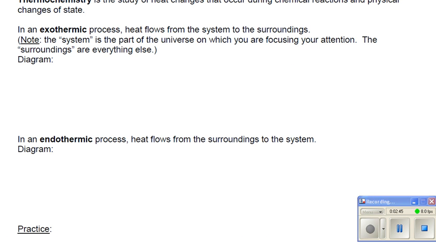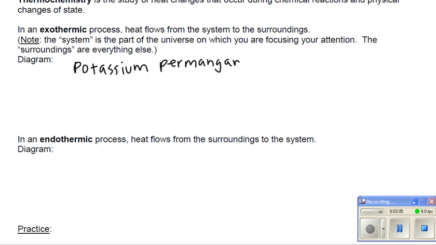Going back to your notes, I want to draw a picture of this. We have potassium permanganate and glycerin that are reacting. So I want to go ahead and write that down for you. Plus glycerin. And the glycerin, I'm just going to draw a black circle.